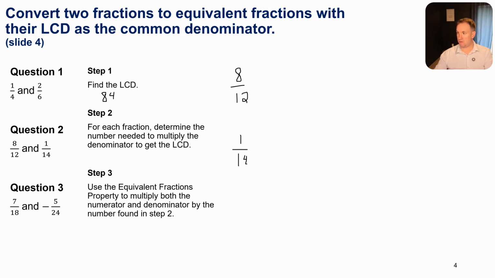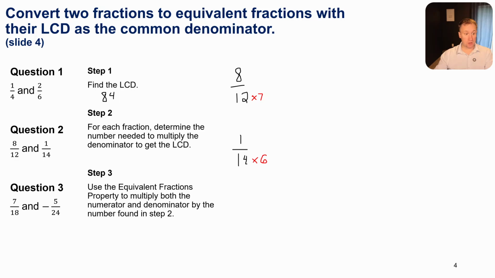So for 8 over 12, the number that I'm multiplying 12 by to get to 84 is 7. So I'm going to multiply this by 7. And then for 1/14, the number I'm going to multiply by is the number 6 here. So this might take a little scratch work on the side, by the way. If you're doing some kind of guess and check, that's one strategy you can utilize as well.